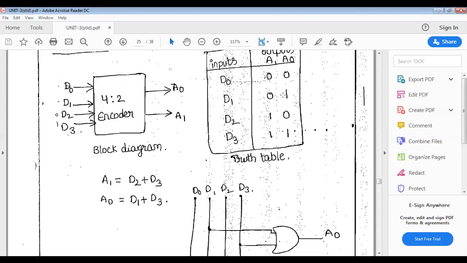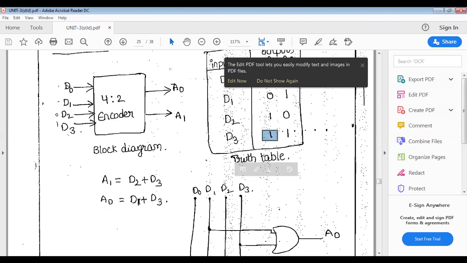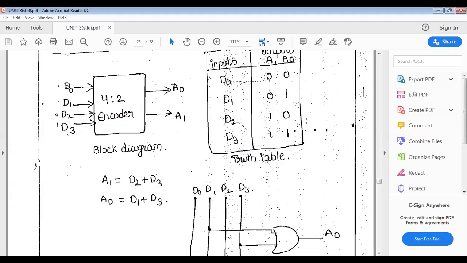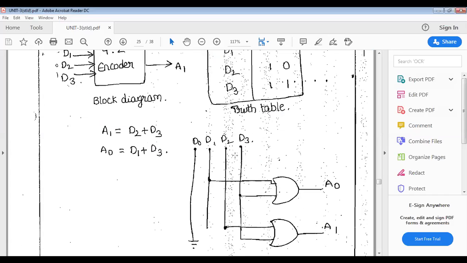You see here in the truth table, A0 is equal to 1 at D1 and D3. So A0 is equal to D1 plus D3, and similarly A1 is equal to D2 plus D3.